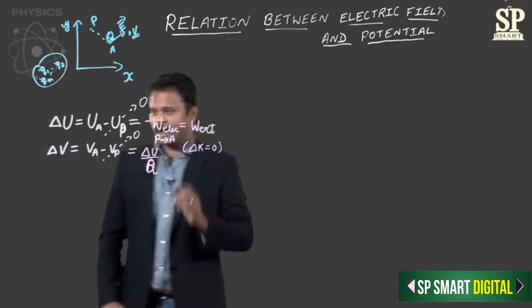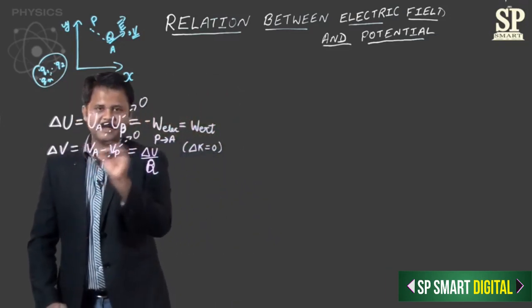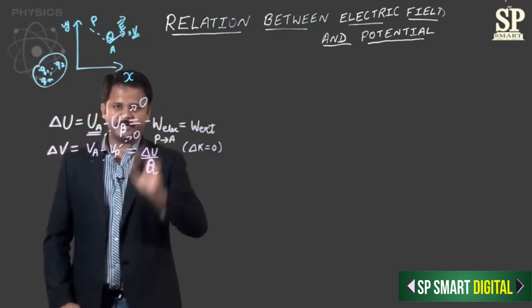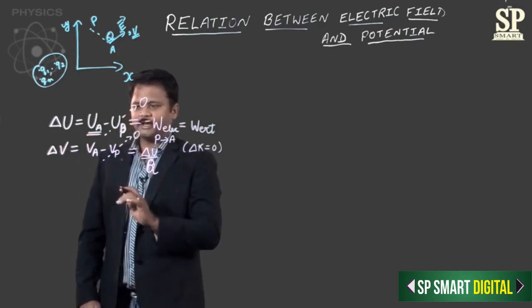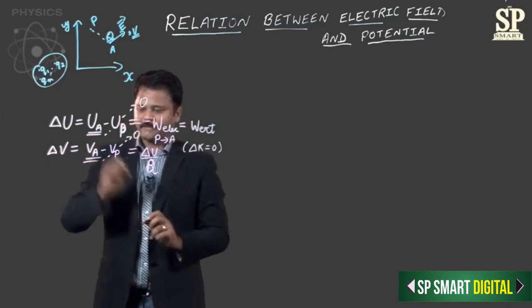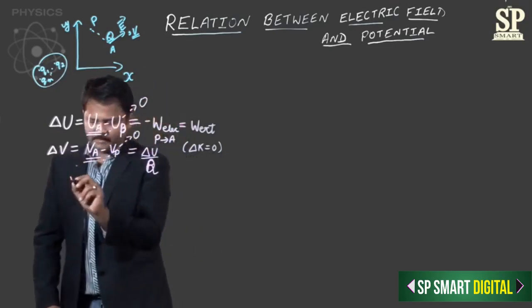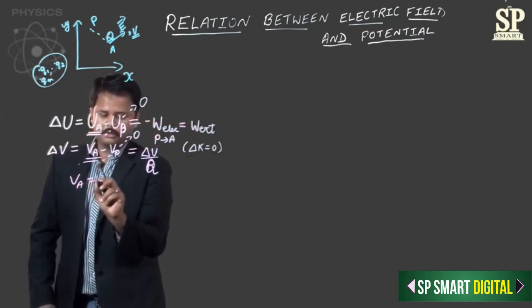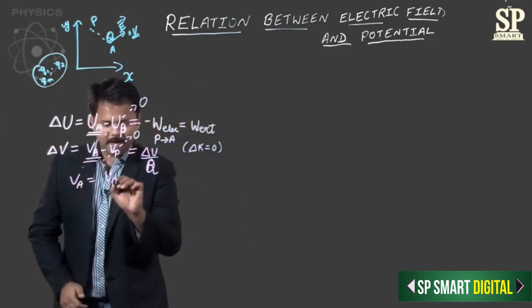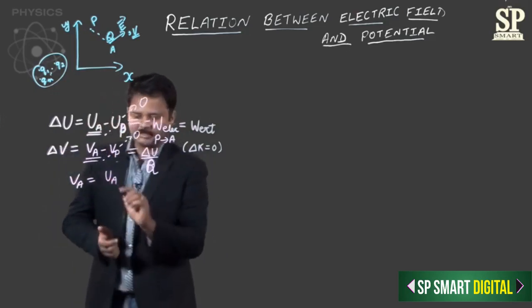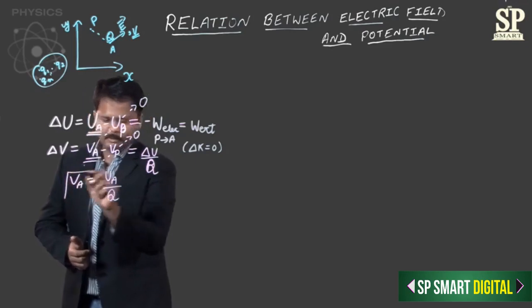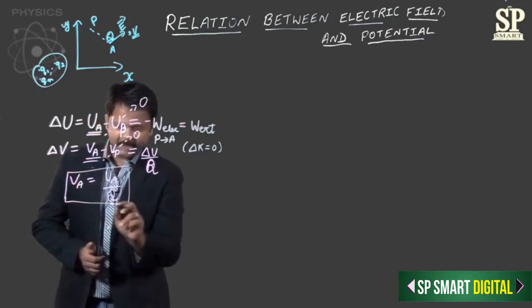So from this formula, the absolute potential energy becomes equal to UA in this case, and similarly the absolute potential can be given by VA. VA simply becomes equal to the absolute potential energy UA divided by the magnitude of the charge that is being transferred. So we have this expression for the absolute potential at point A.